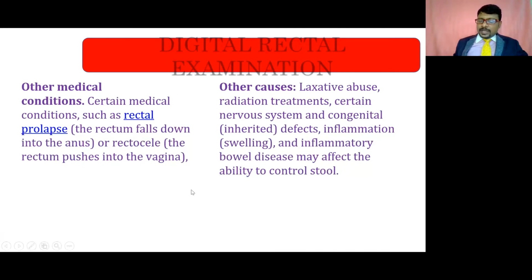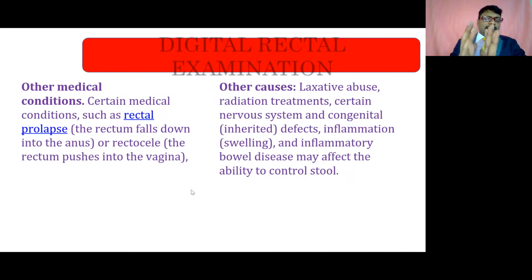So that is about abnormal stool leakage and anal sphincter muscle control. These are the causative factors, and all these problems we assess through the digital rectal examination. If you have some idea of the problems here, we can easily understand how to perform the examination.